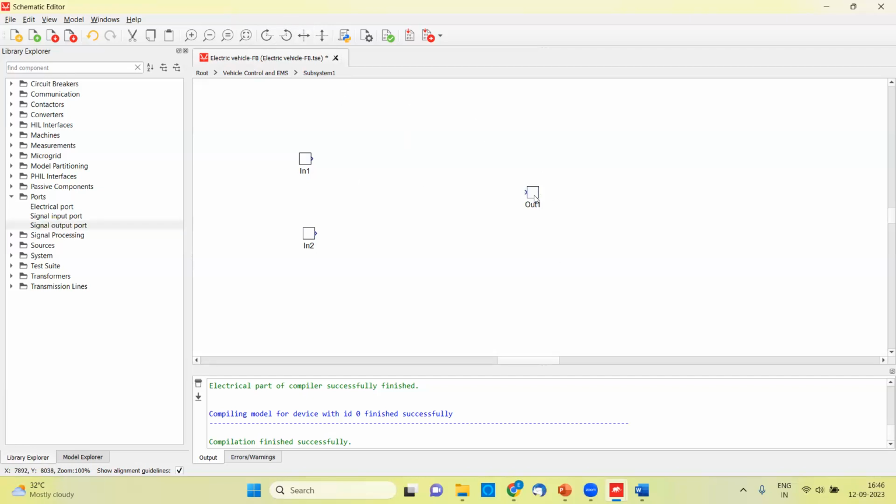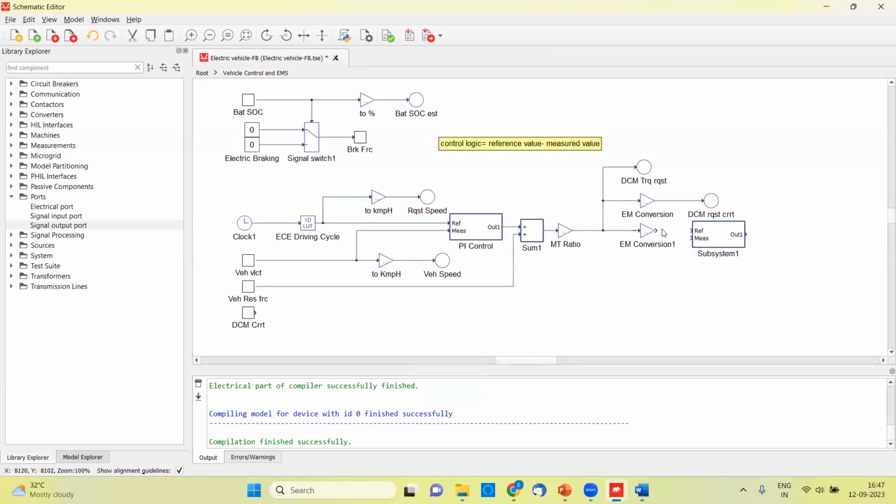This one will be reference and this one will be measured. So my reference will be provided from this signal and my measured will be from this.